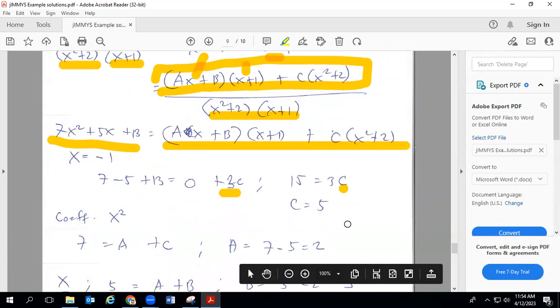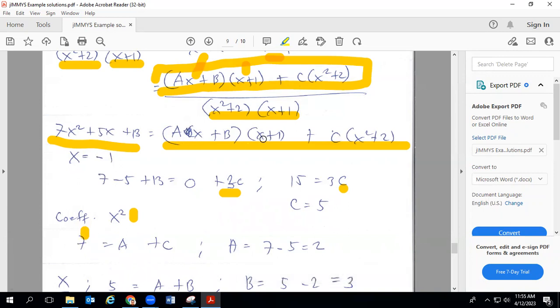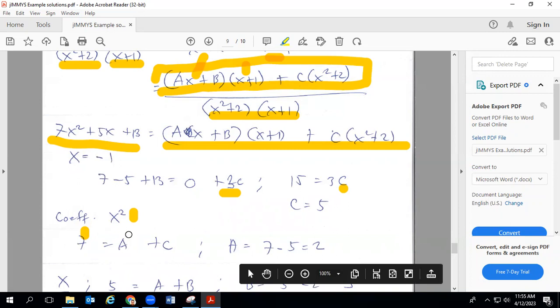Now, you can also get the value of, let's say, a by identifying the coefficient of x squared. You have here 7x squared. Here, ax, and then x times x becomes x squared, so that is ax squared. So the coefficient of x squared here is a, in this part. Here, the coefficient of x squared is c. We have already computed the value of c, which is equal to 5.